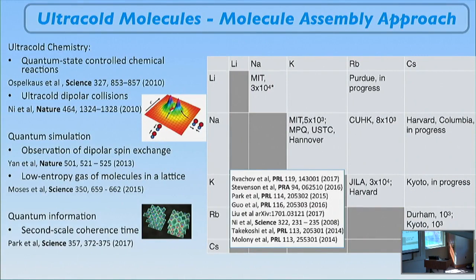Here's a little grid, lithium, sodium here, and then you can see what's been going on. This is actually now a year old, so it may not be completely up to date. But there's a lot of intense work, including at JILA, looking at dipole-dipole coupling between these bialkali molecules in an optical lattice.